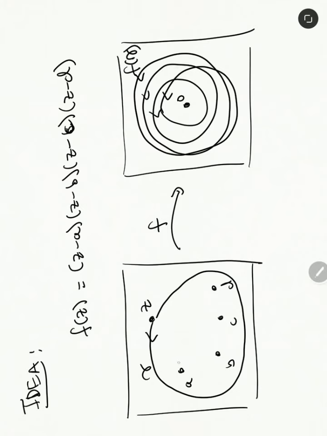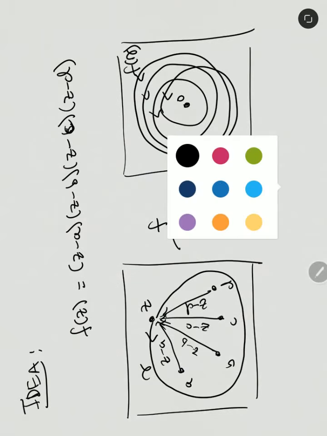Here, what we can do is look at a bunch of, I'm going to draw here these vectors. This is the vector z minus a. This is the vector z minus b. This is the vector z minus c. And this vector here, this is the vector z minus d. And each of these has an associated angle with it. Let me draw in the angles here.